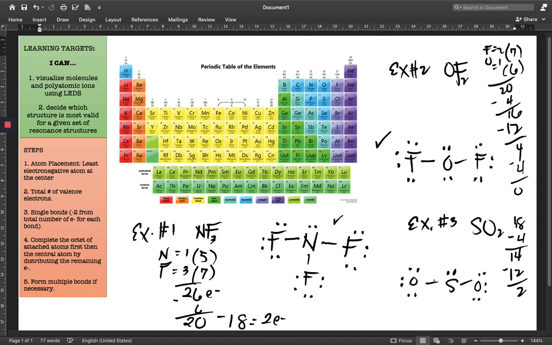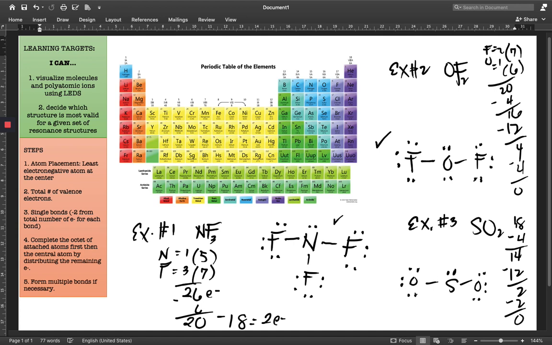But take a look at what happens in the structure. If we take the minus 2 into account, we are left with no more valence electrons. However, the sulfur atom, which is our central atom, is not yet an octet, right? So 1, 2, 3, 4, 5, 6. It needs 2 more to become an octet.